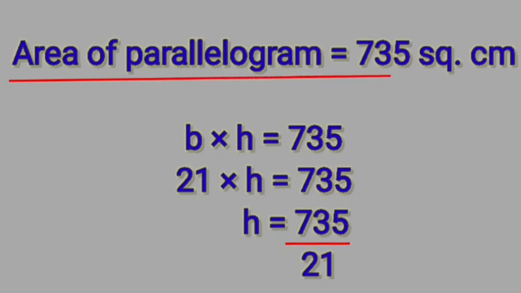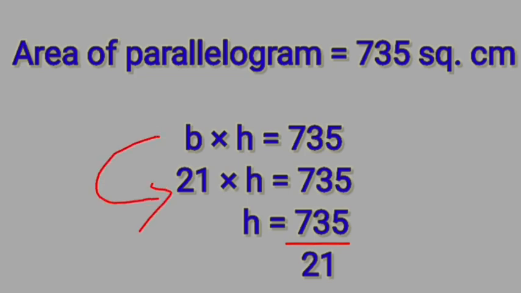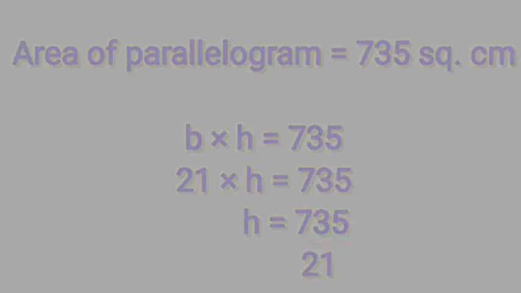Area of the parallelogram is given, that is 735 square centimeter, and we know that the formula for area of the parallelogram is b into h. The base is given as 21. To get the value of h, we have to divide 735 by 21.